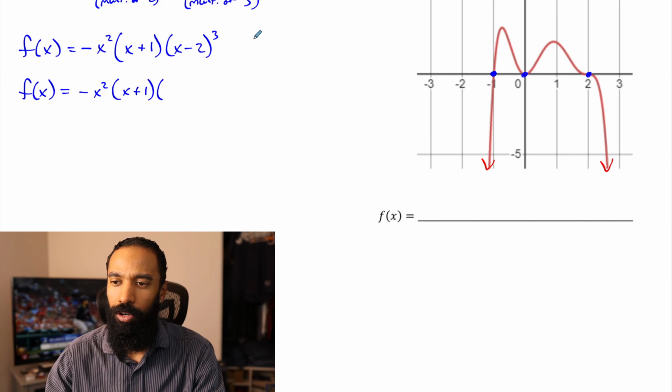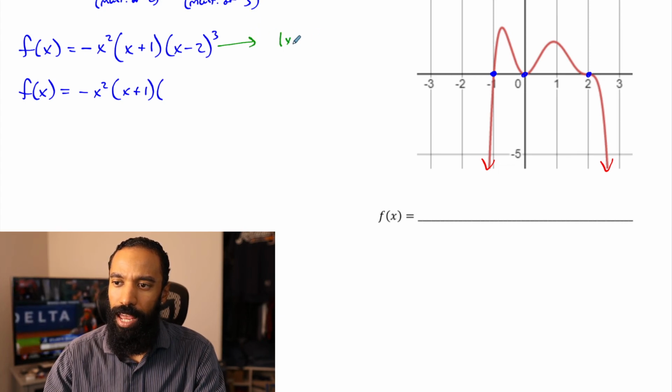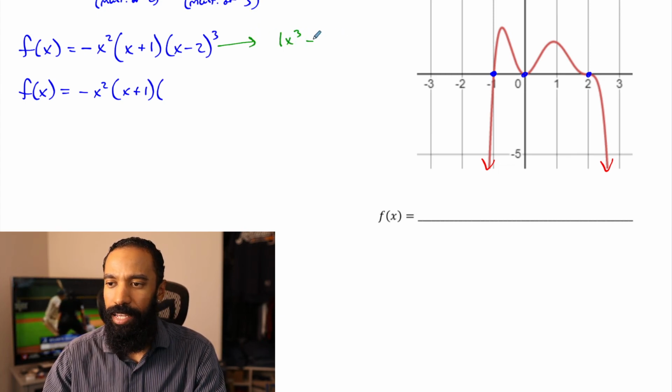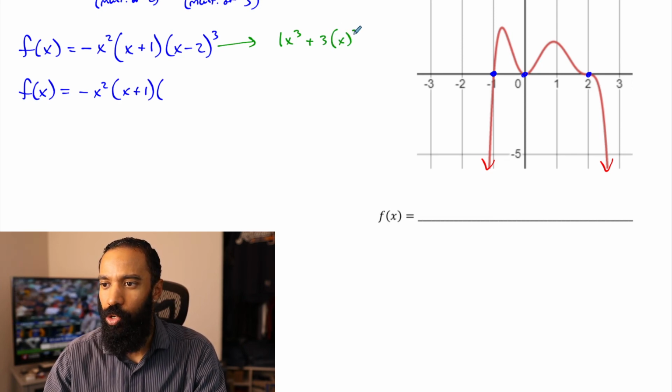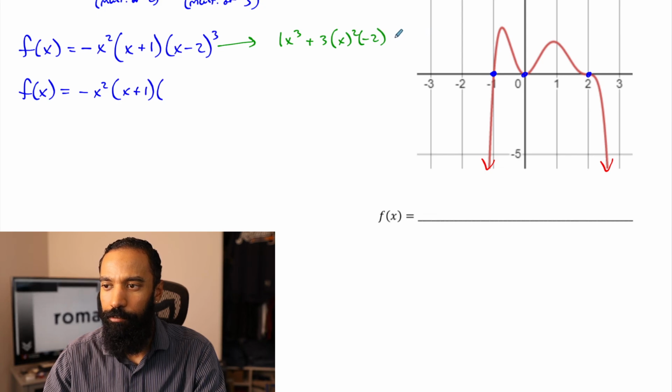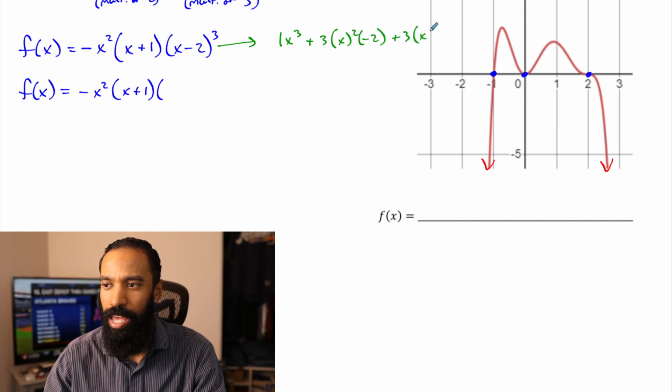It's going to be 1x cubed plus 3 times x squared times negative 2 to the first, plus 3 times x to the first times negative 2 squared, plus negative 2 cubed. That's the polynomial expansion right there.